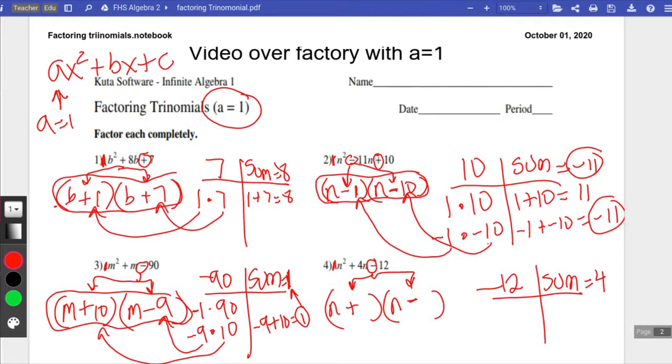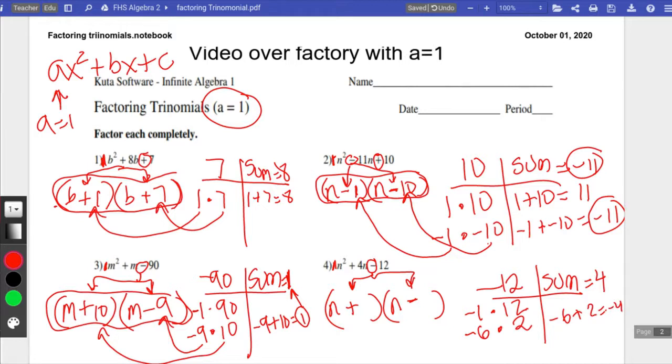All right, let's try this one right here. What two numbers multiply to negative 12 and give me 4? Let's start with negative 1 times positive 12. There's no way if I add this, it would give me 4. What about 6 and 2? Negative 6 times 2 is negative 12, but negative 6 plus 2 gives you negative 4.